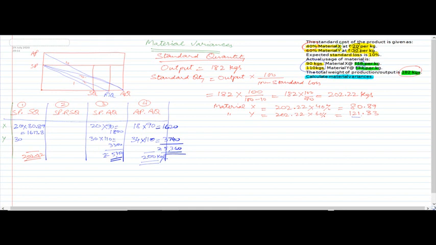Second is 121.33, so 30 into 121.33, it comes to be 3640. Now total of these two items, it comes 5257.8.